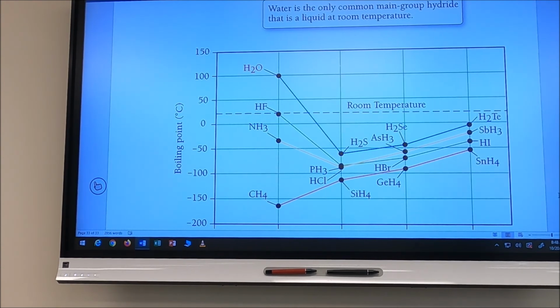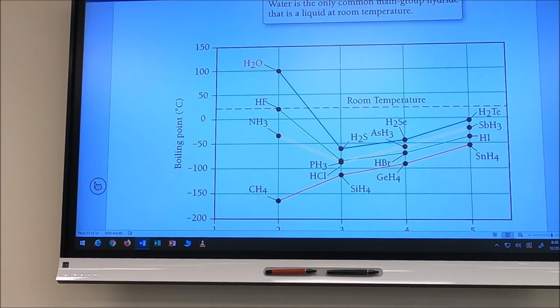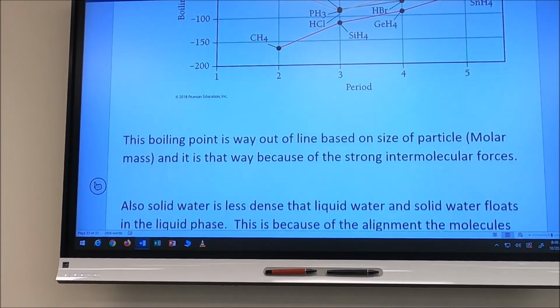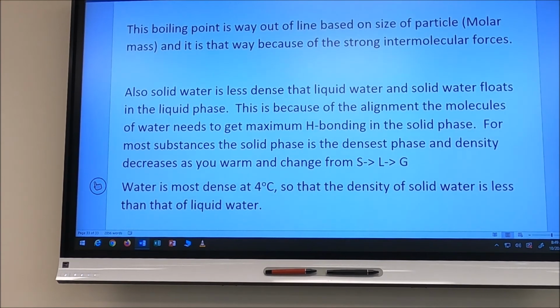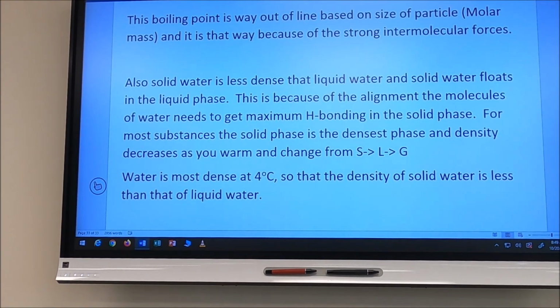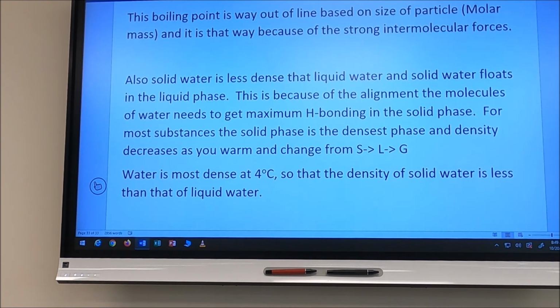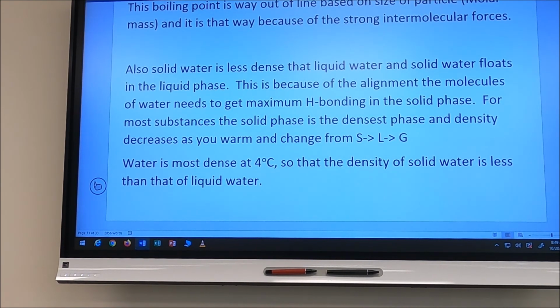All of those substances that you see have boiling points below normal room temperature, which is usually around 25 degrees C. Now, the boiling point of water is way out of line based on the size of the particle. Again, that's because of the really strong intermolecular forces.